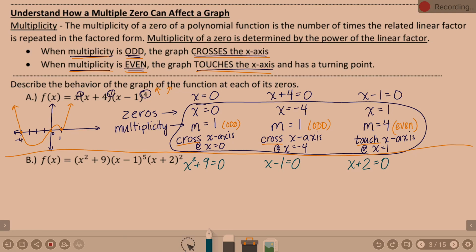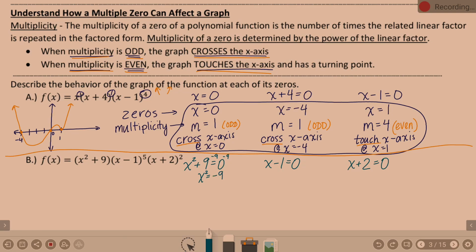Let's find our zeros. What happens when we do x squared plus 9 equal to 0? So how do we solve? You subtract the 9 over. Remember, you're trying to solve for x. So officially you have x squared equals negative 9.